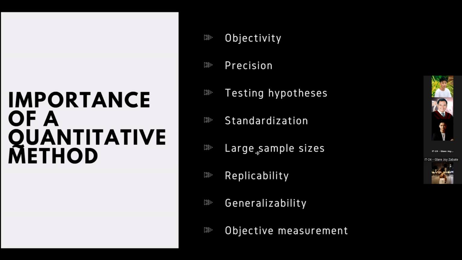Next importance is large sample sizes. Quantitative research methods often involve large sample sizes, which can increase the statistical power of the study. This power enables researchers to detect small differences or relationships that might not be apparent in smaller studies. Next reporter po.